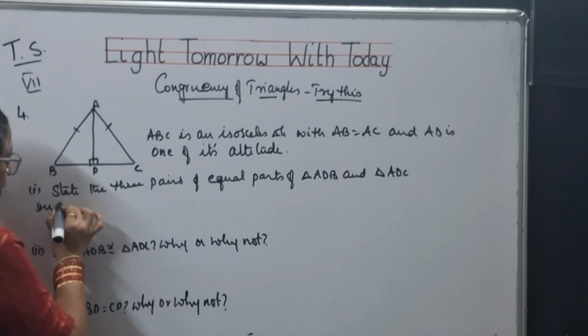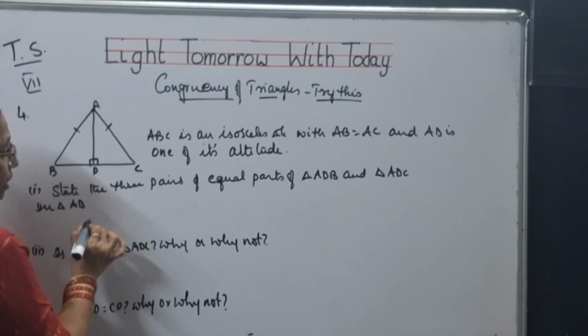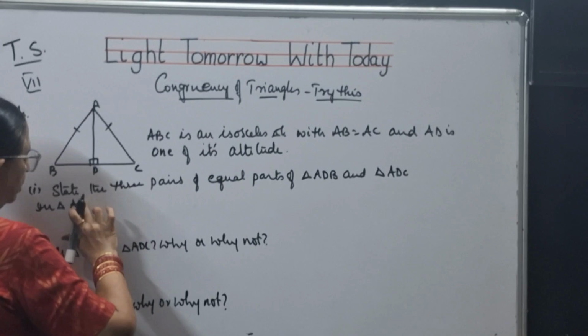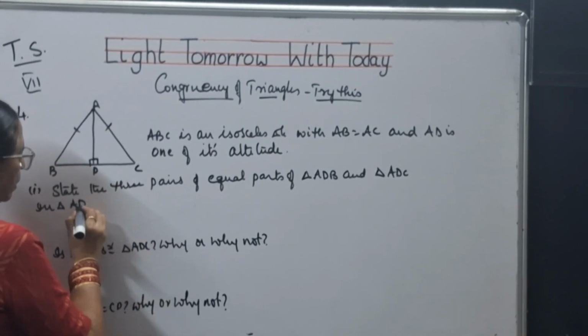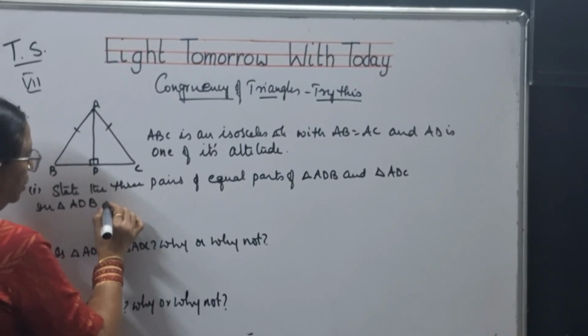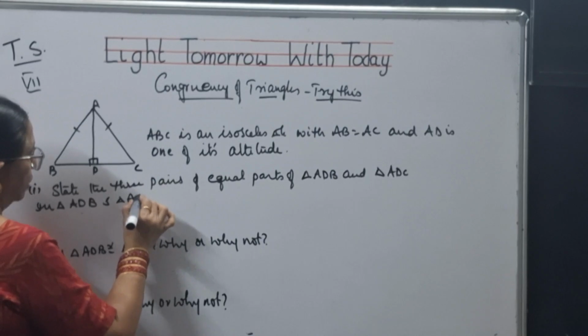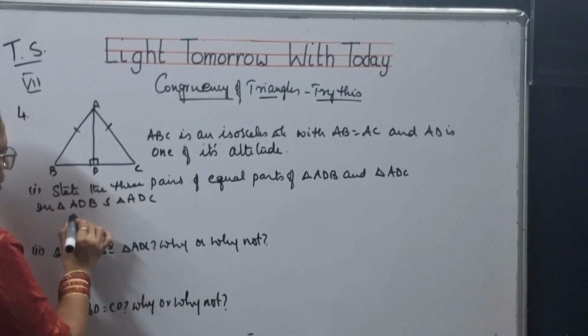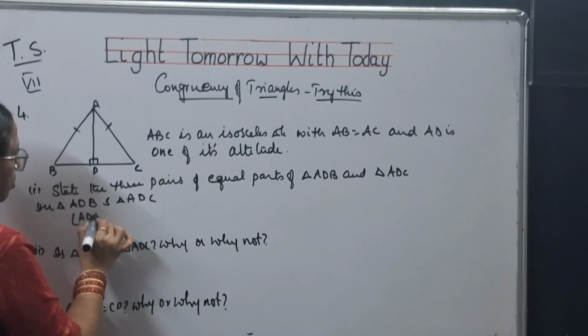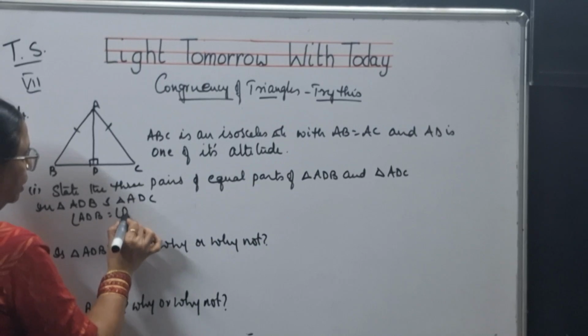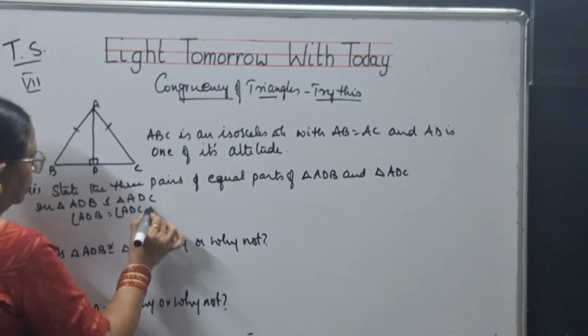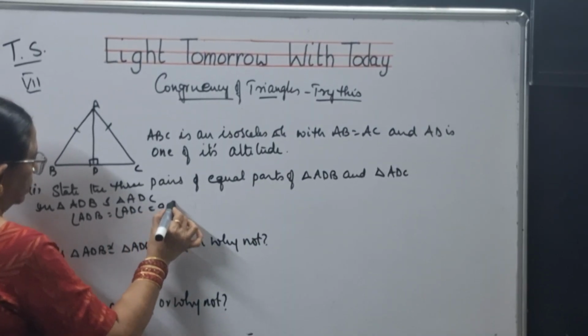So in triangle ADB and triangle ADC, angle ADB is equal to angle ADC, that is 90 degrees.